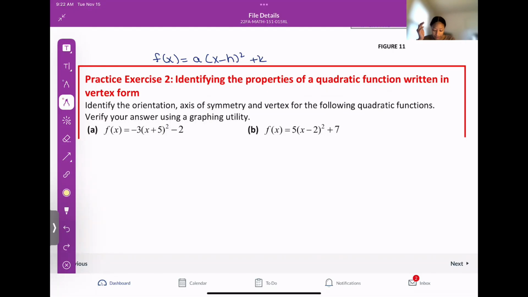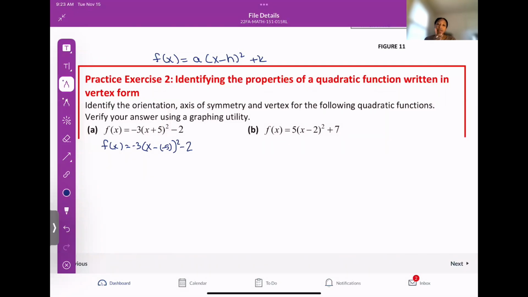Keep that in mind. So for f of x equals negative 3 times (x plus 5) squared minus 2, I'm going to rewrite this a little bit. This would be negative 3 times (x minus negative 5) squared minus 2. Basically, if your term in parentheses has an addition, think the opposite.